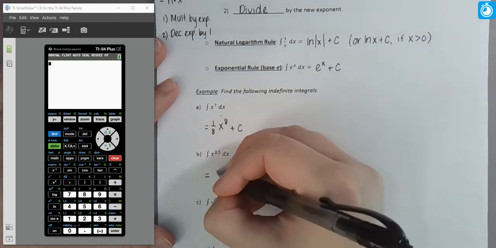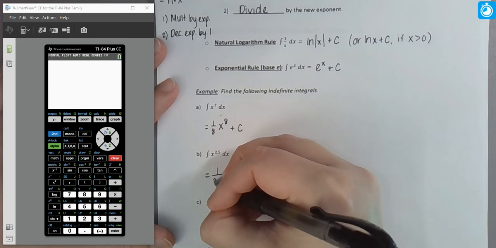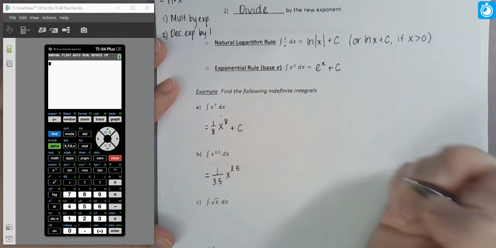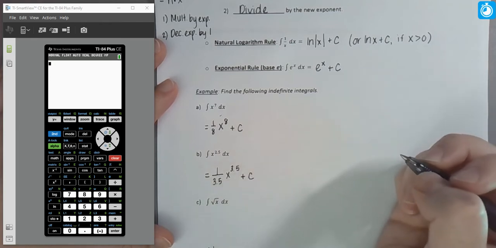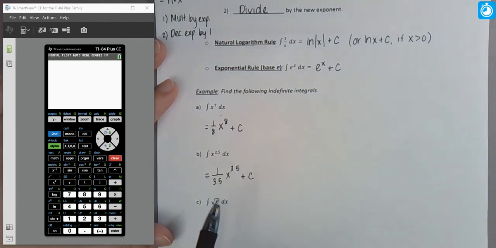And then we divide by that new exponent, or multiply by 1 over that exponent, plus c. Now the fraction out front is maybe a little bit troubling. The fact that we have an exponent that's decimal here and one that's decimal here isn't as problematic. Typically the rule is if you start with decimals, you can report decimals at the end.